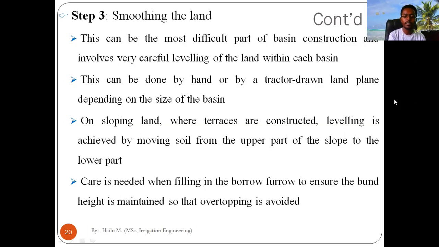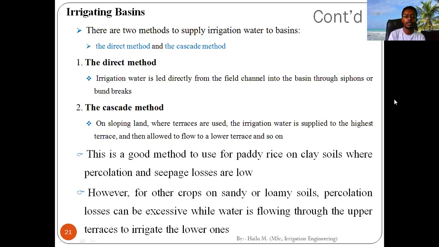On sloping land, where terraces are constructed, leveling is achieved by moving soil from the upper part of the slope to the lower part. Care is needed when filling in the borrow furrow to ensure the band height is maintained so that overtopping is avoided.